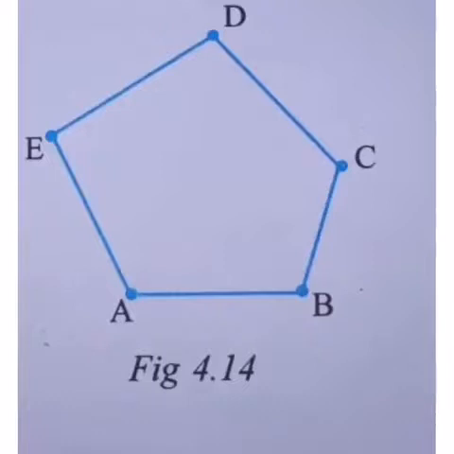So which are the vertices in polygon ABCDE? Vertex A, vertex B, vertex C, vertex D and vertex E. Children, you can call them the corners of the polygon too. Children, vertices is the plural form of vertex.